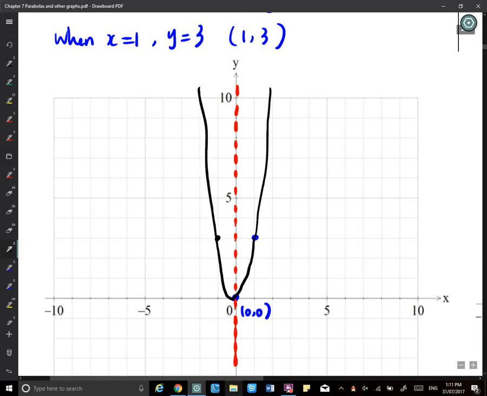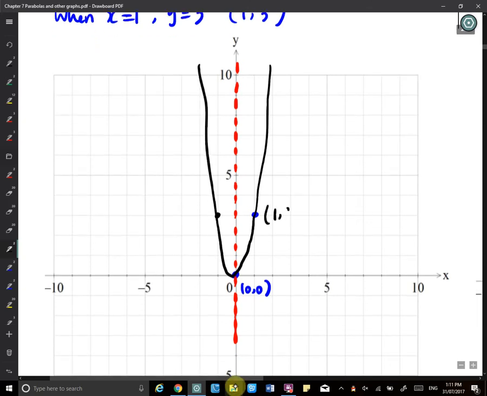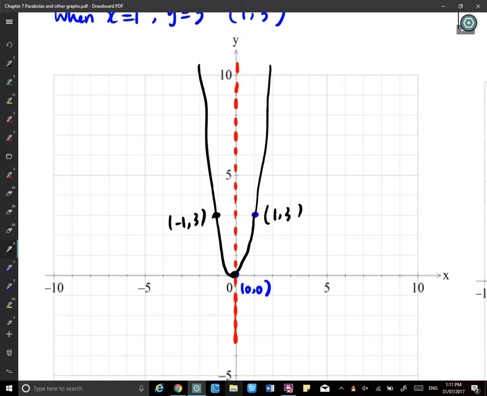It's so hard to sketch on this. But you need to label 1, 3, negative 1, 3, and 0, 0. This is a special one because the x-intercept, y-intercept, and the turning point are all the same point. So that's why you need to find the extra point to finish it.